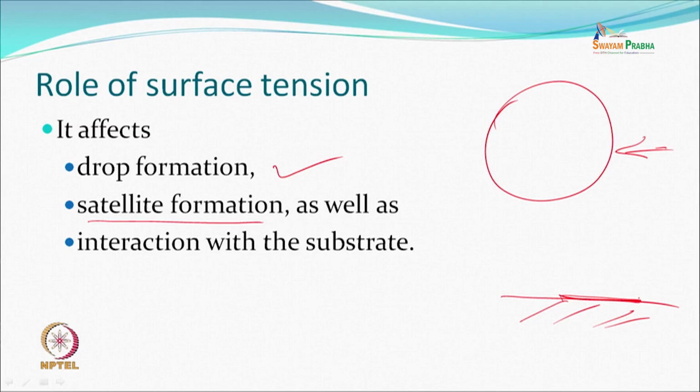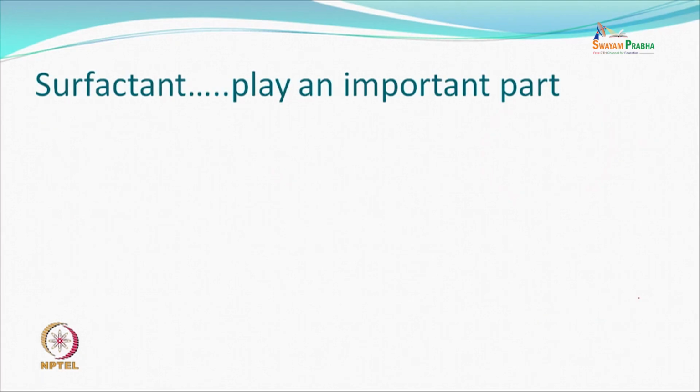So all the interactions with the substrate will also be governed by the surface tension properties. Now in this case, for whatever reason you add a surfactant, it will play an important role, because surface tension will change whenever you add any surfactant.